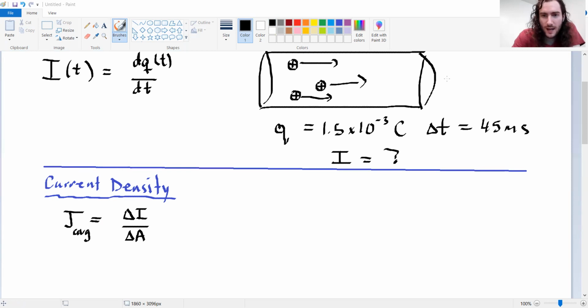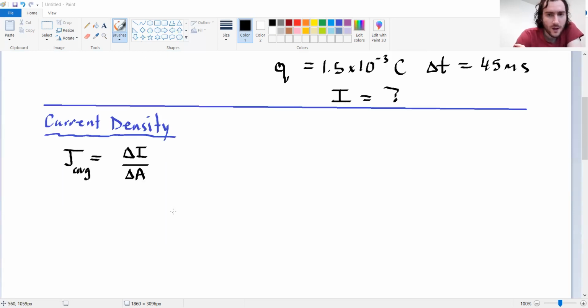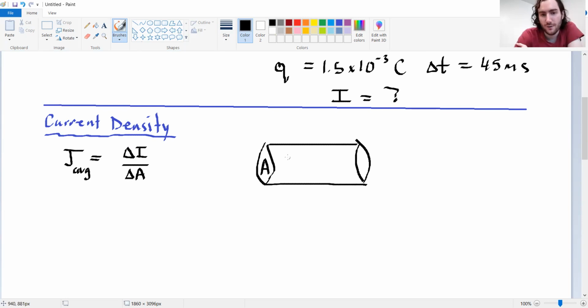All right, so let's go ahead now and move forward to this idea of current density, which I kind of explained when answering that question before we got started here, but we'll just go through it again. Current density is this idea that we can have charges flowing in a wire, but that wire has a cross section with an area A. Now, in general, you don't have to have charges flowing in a wire with a fixed cross-sectional area.